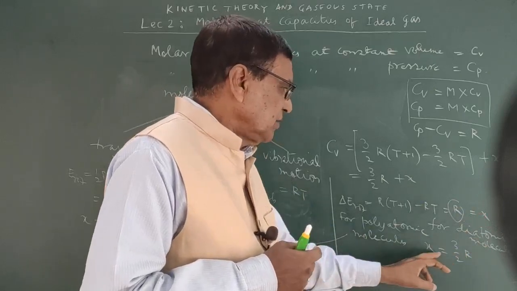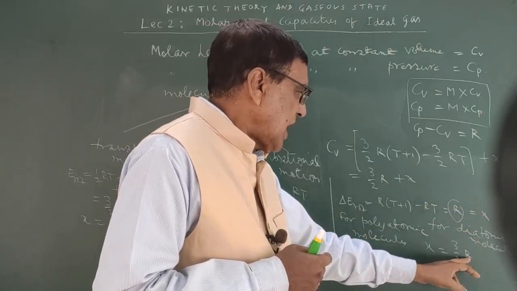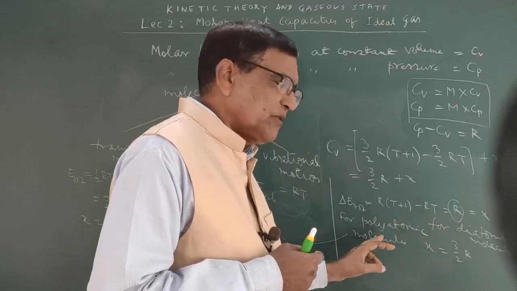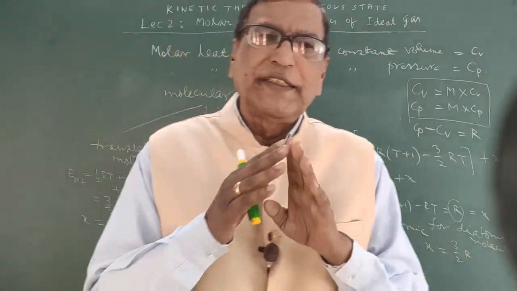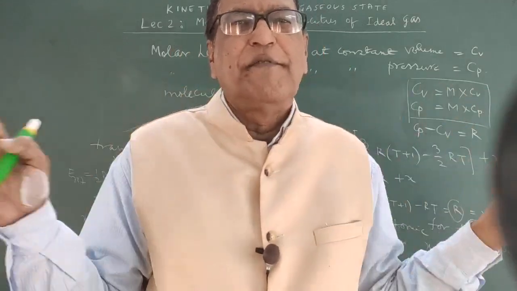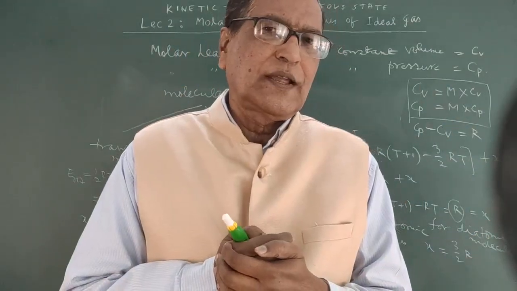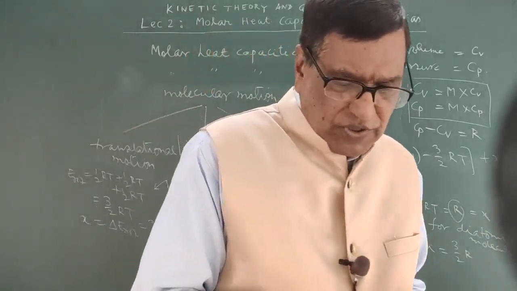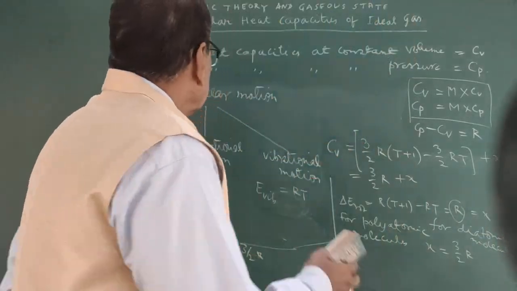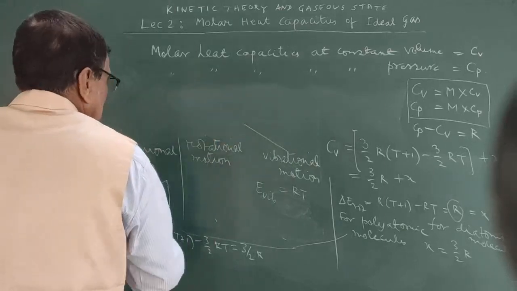X will be equal to 3 by 2 R for polyatomic molecules, and for monoatomic molecules there will be neither rotation nor vibration, only translational motions. So now we consider the Cp and Cv values.